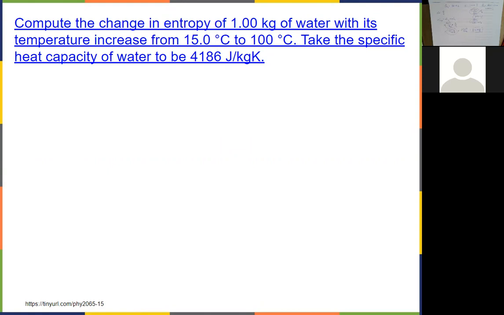Take the specific heat capacity of water to be 4186 joules per Kelvin times kilogram. All right, so you guys may think about how you want to do this, and then we will take a look at the solution together.